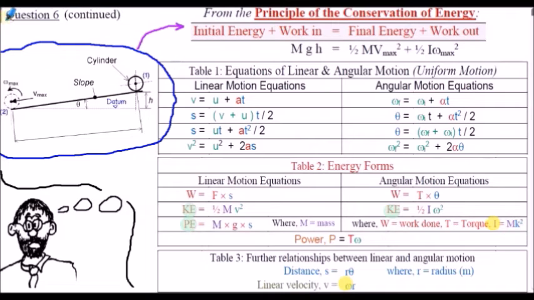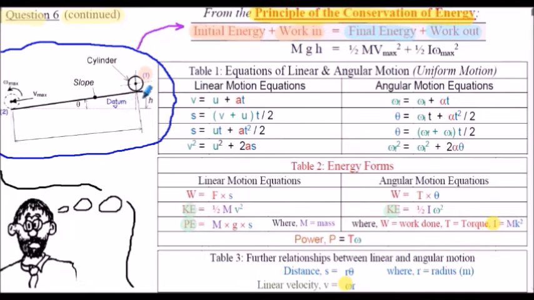Question 6, solution continued. Let's again consider our principle of conservation of energy and our energy balance, where our initial energy plus any work into the system is equal to our final energy plus any work out of the system. So in this particular case, at position 1, the wheel and axle is at the top of the incline and it's stationary.